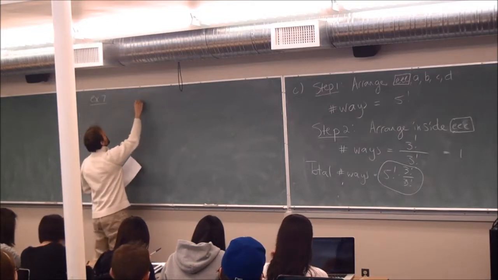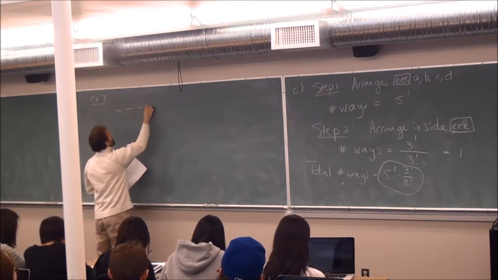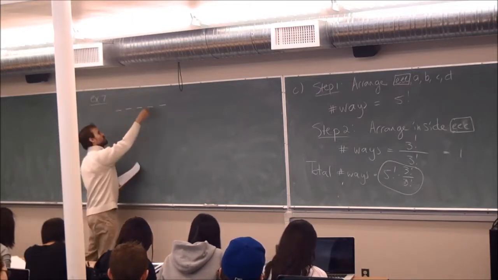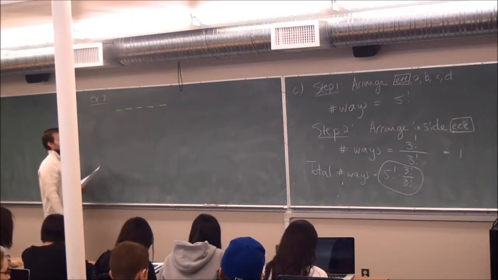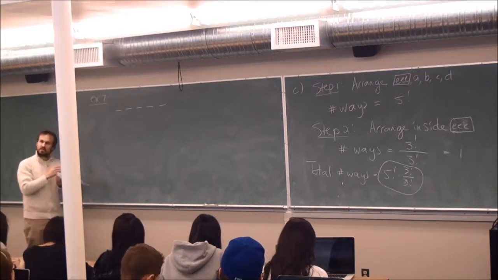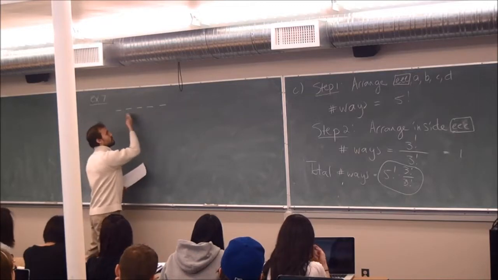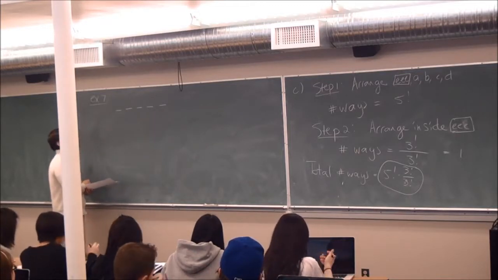So what's my experiment? My experiment is putting 5 people in a row, and then I'm done. So there's a part selection and a part arrangement. I'm ending up with a row, an arrangement of 5 people.